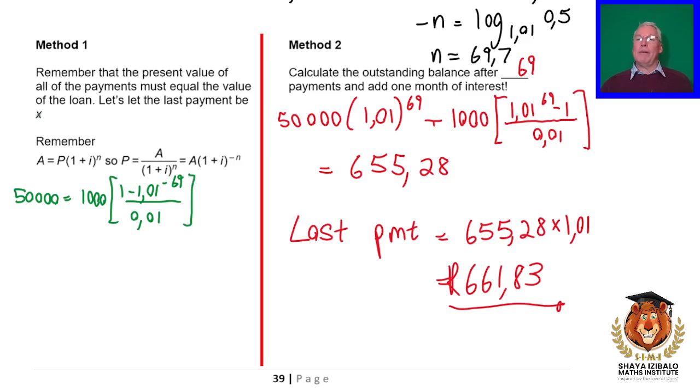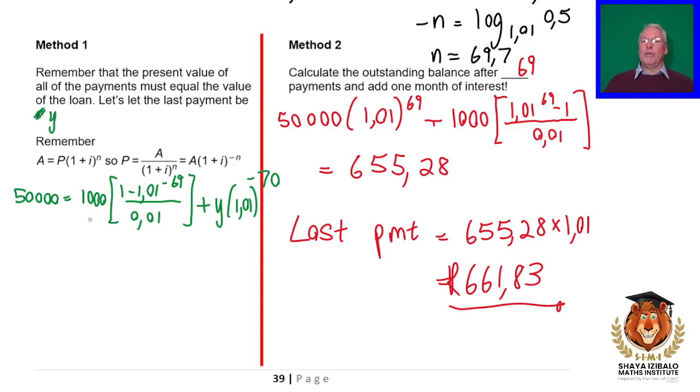And then the last payment, and over here I said let the last payment be X. X is not a great variable to use because we've already used X as our normal monthly payment. So I'm actually going to change that to Y. Now the last payment in today's terms is going to be Y times 1.01 to the negative 70. And that's the equation we're trying to solve for Y.